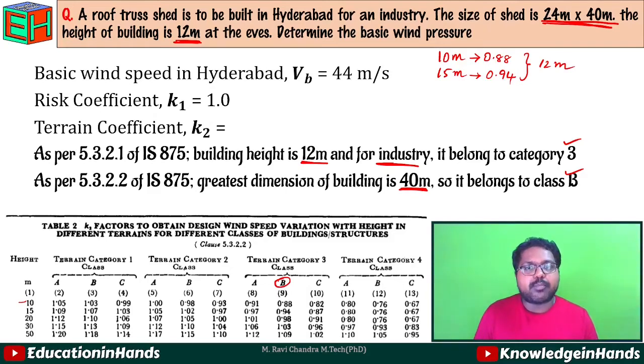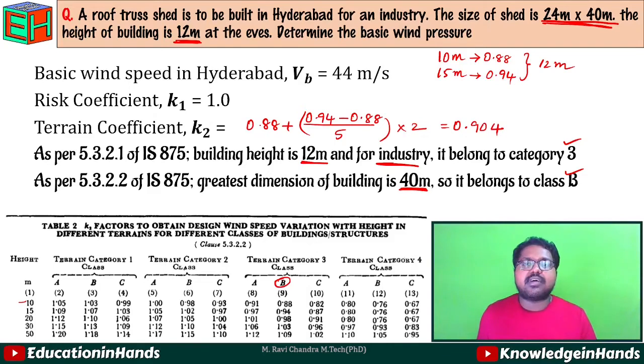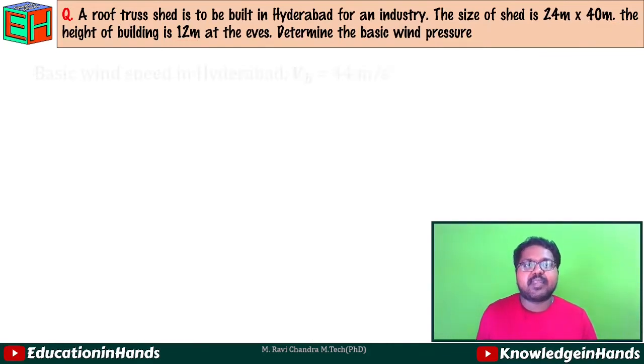K2 equals 0.88 plus (0.94 minus 0.88) by 5 into 2. From this we will get the value of K2 as 0.904. So this is the value for K2.